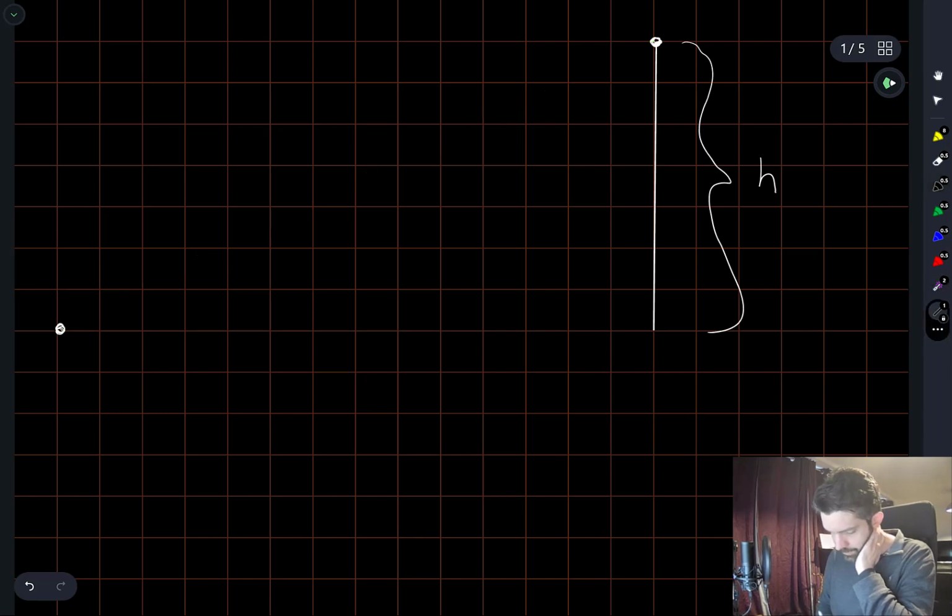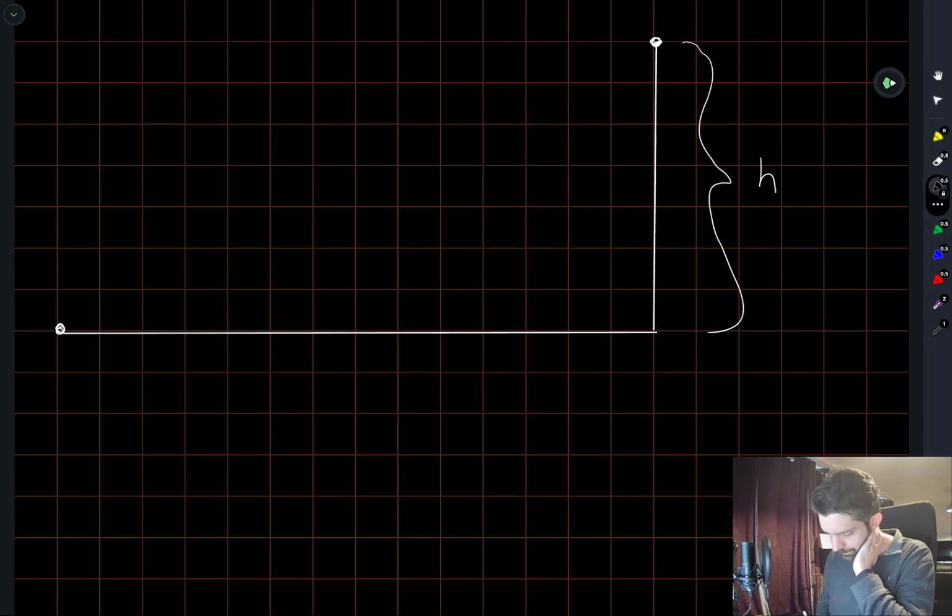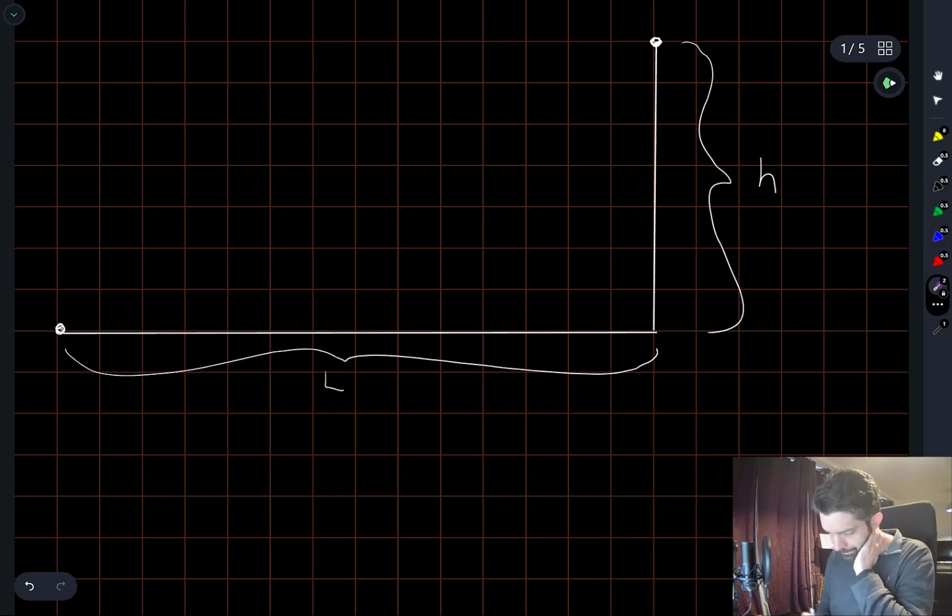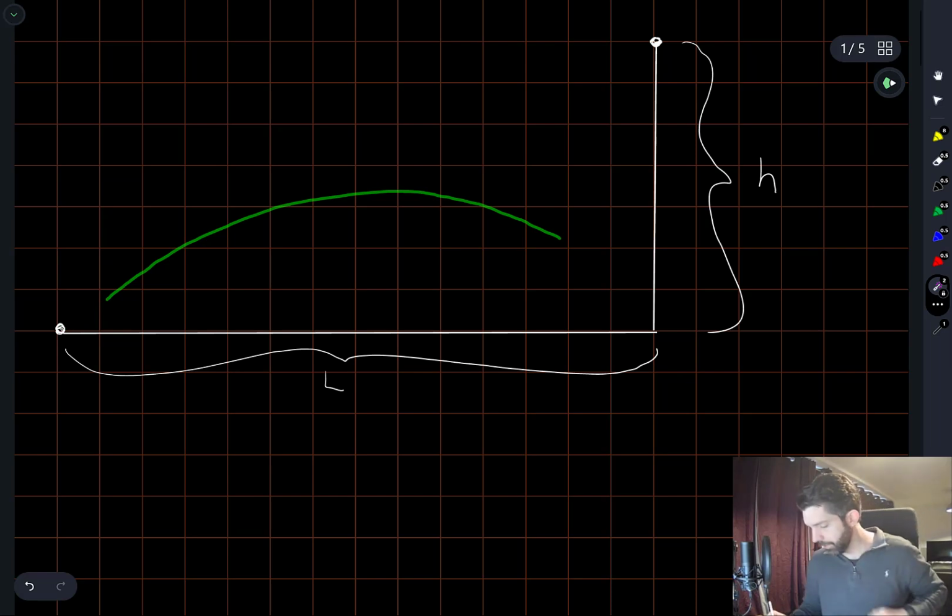And we'll also say that the distance here, let's call this L. So the idea is that a projectile is fired such that its initial trajectory is directly at this object, but the instant that it's fired, the object is also released from its fixed position and it'll fall under the effects of gravity. But the same thing will happen to the projectile.